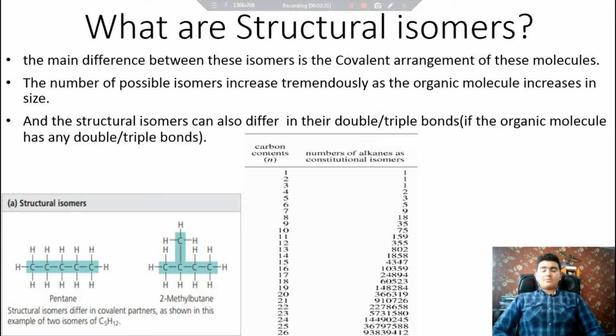Okay, so let's go to the table. As shown in the table, we have only three structural isomers of C5H12, which is shown by C5. Okay, so in this table they have just written the number of carbons a molecule has.